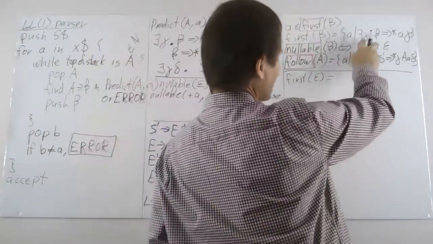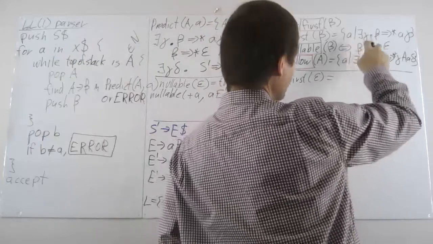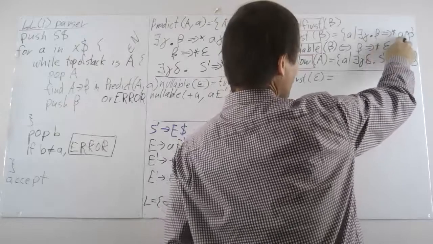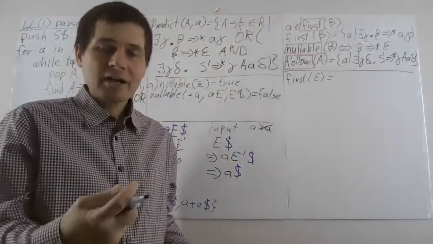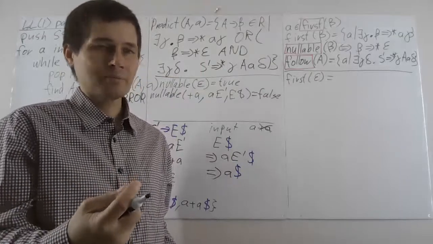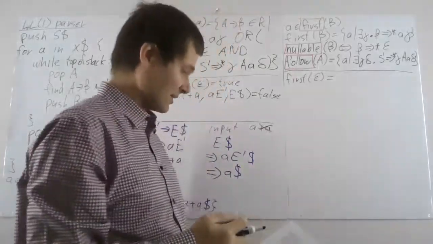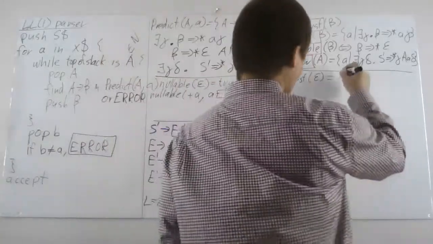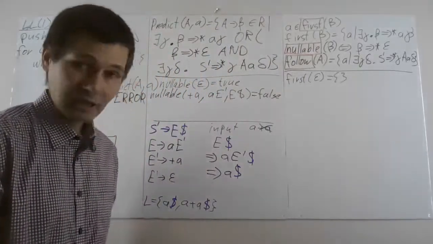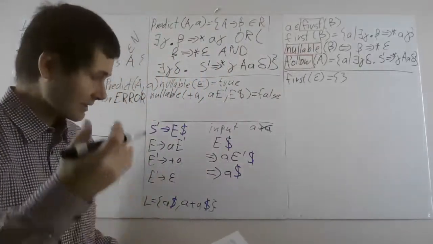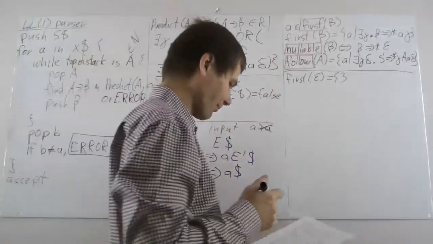It's defined as all the terminal symbols A such that the empty string derives something that starts with A, and the empty string can't derive anything that has terminal symbols in it because the empty string doesn't derive anything other than itself. So the first of the empty string is the empty set. There are no terminal symbols that anything it derives can start with.